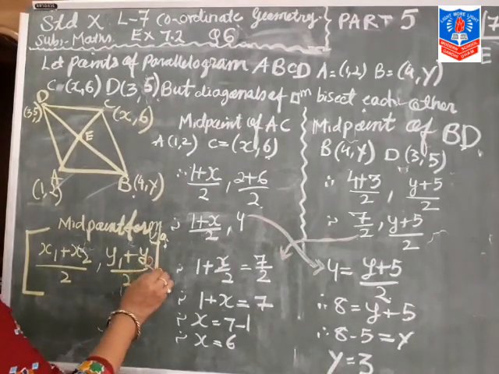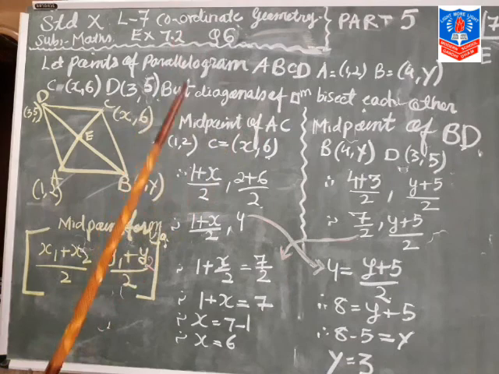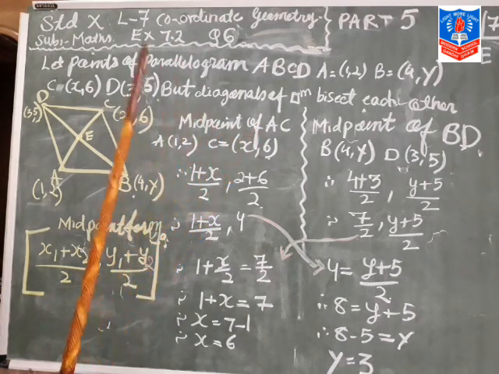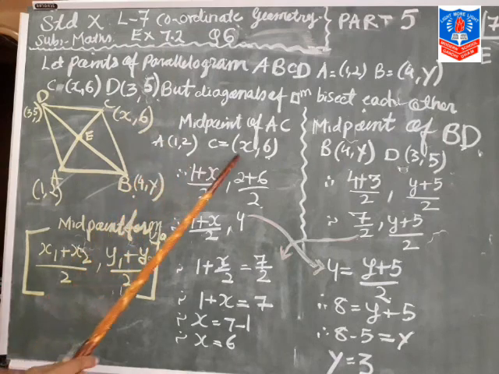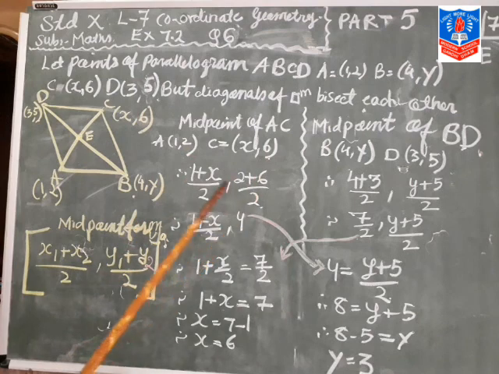So here, now the midpoint of AC: 1 plus x divided by 2, 2 plus 6 divided by 2, so 1 plus x upon 2, 8 upon 2.